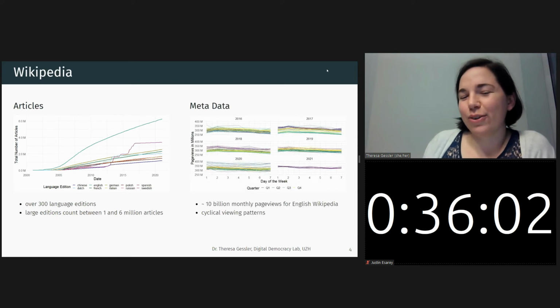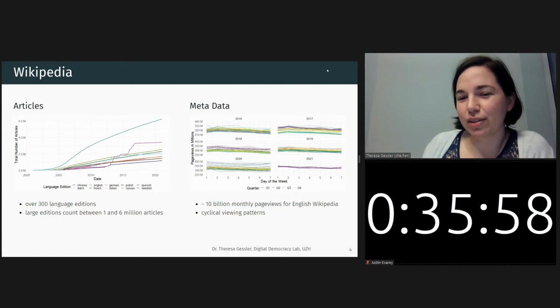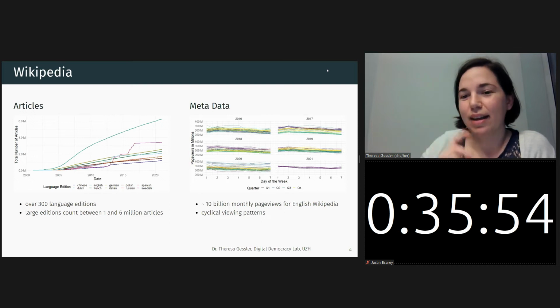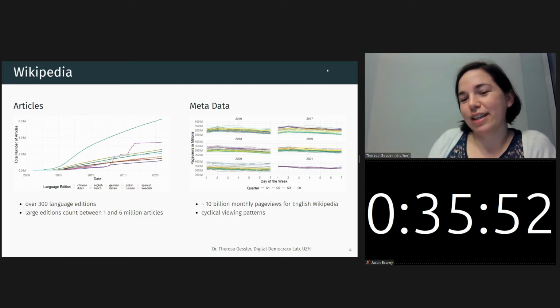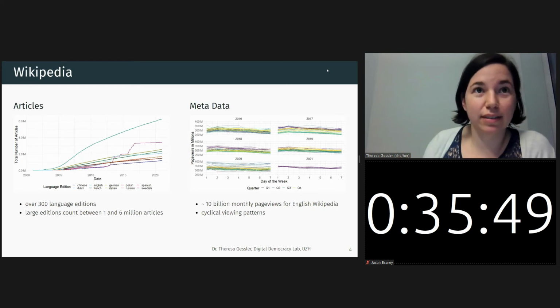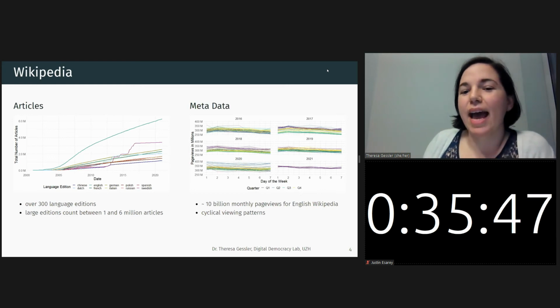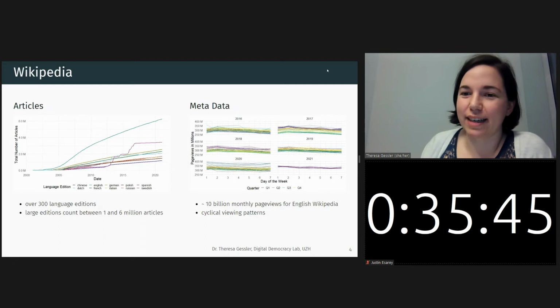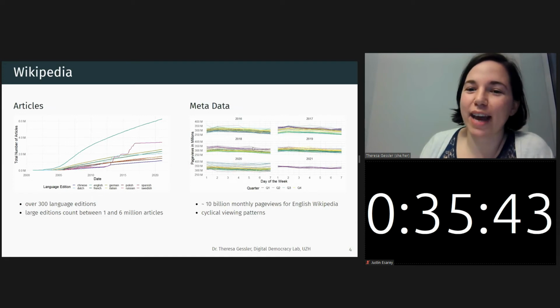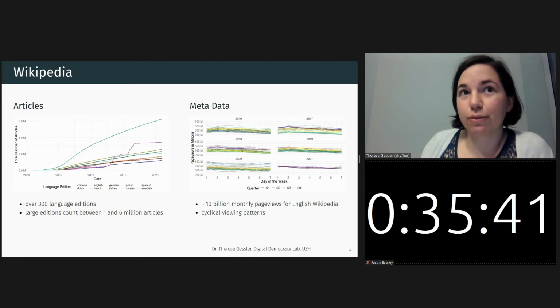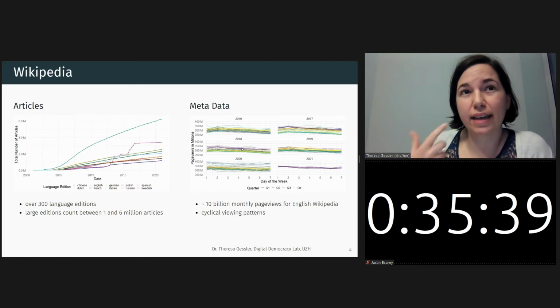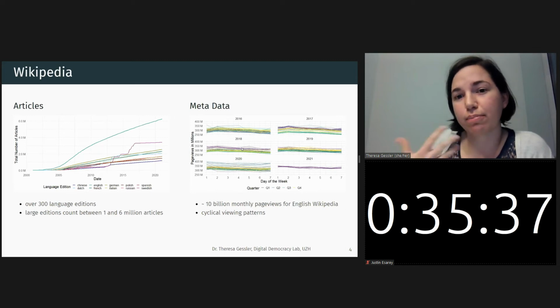To also give you a bit of a quantitative overview of how Wikipedia is used, basically per month around 10 billion visits to the English Wikipedia page happen, and they follow a cyclical pattern. I'm not sure how clear the graph is on that, but I find it interesting to think about this in terms of why and how people actually use this platform.